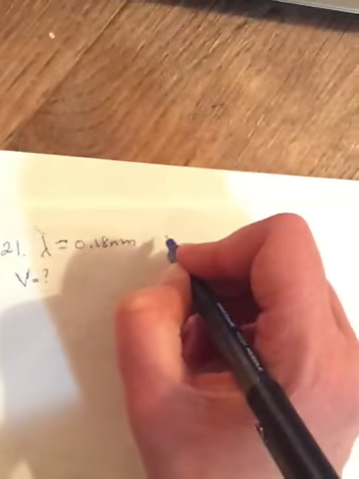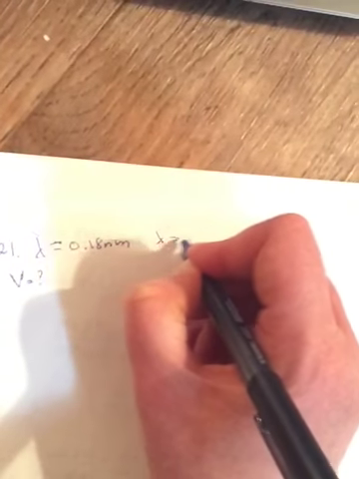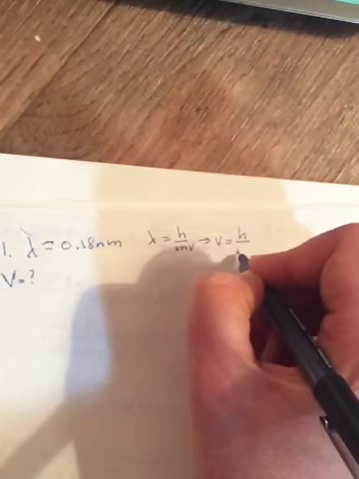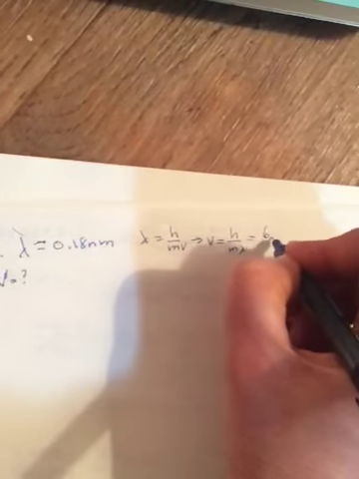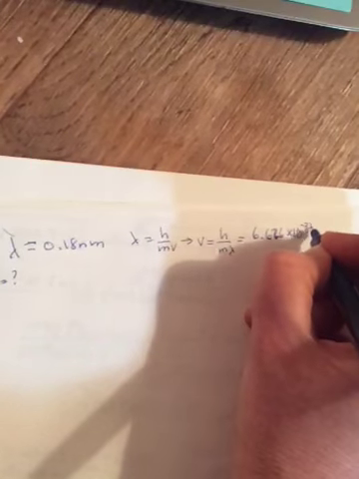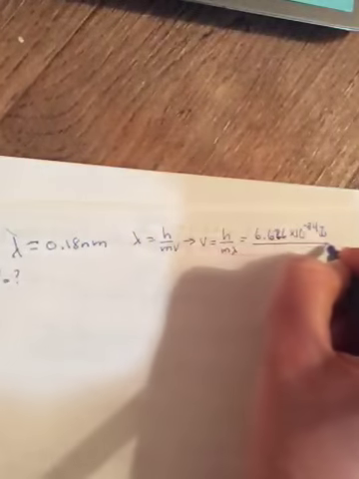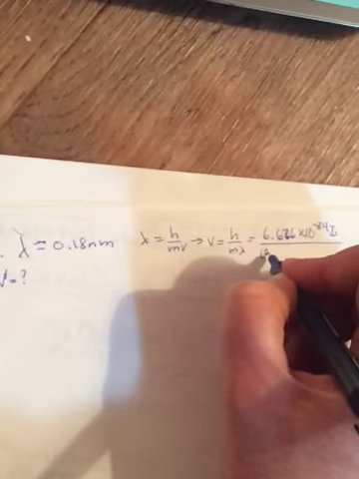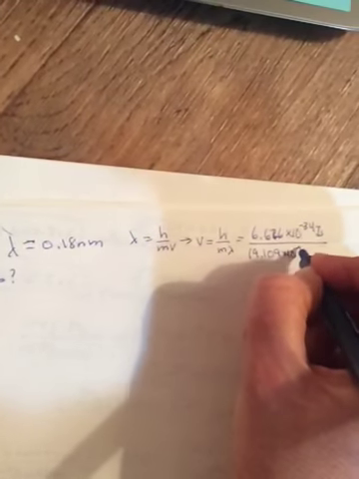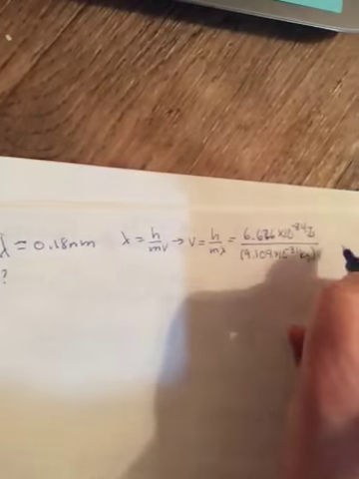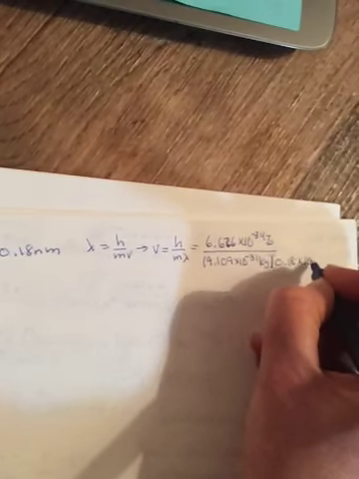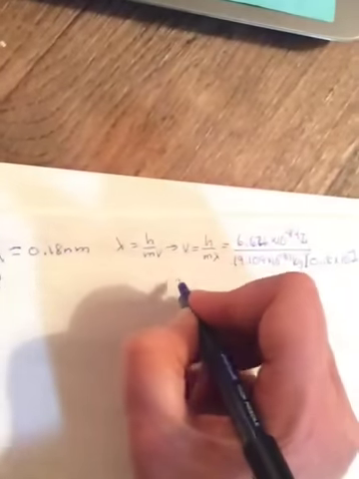So the first step, get your speed. So lambda equals h over mv, so v equals h over m lambda. So 6.626 to the negative 34 joule seconds divided by, it's still an electron, 9.109 to the negative 31 kilograms, and the wavelength 0.18 times 10 to the negative 9 meters.